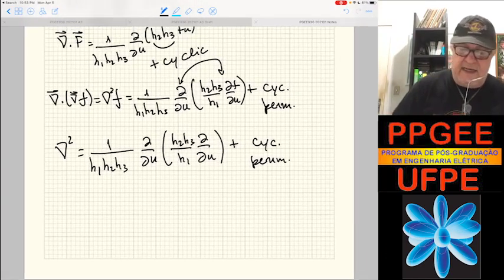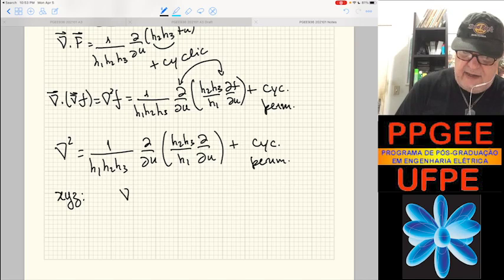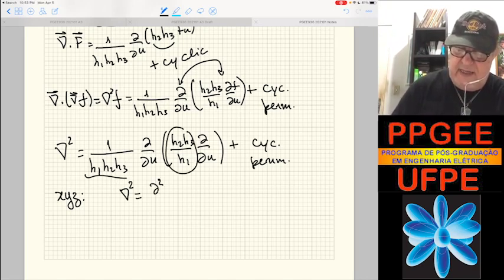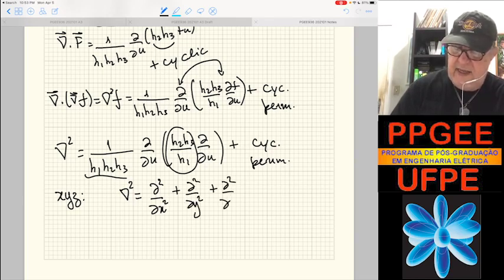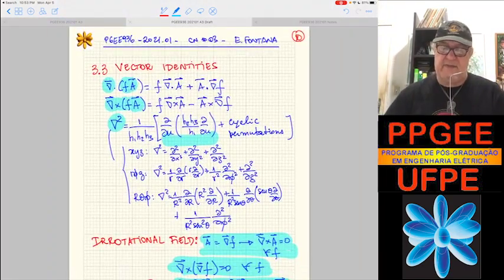So for instance, in rectangular coordinates, Laplacian equals to, h equals 1, so it's d2 dx2 plus d2 dy2 plus d2 dz2. And they have more complex expressions in the other systems, right?